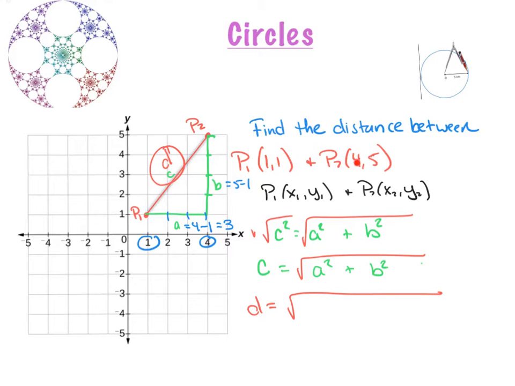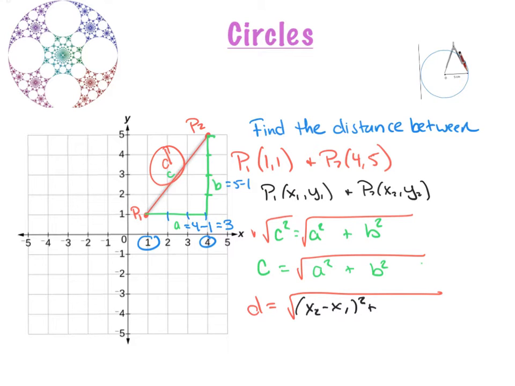Now the 4 and the 1 from our P1 and our P2 was the second x value minus the first x value. This distance right here was the second x value minus the first x value. In other words, for our generic case, x2 minus x1. But it had to be squared for the Pythagorean theorem, so we'll square that.